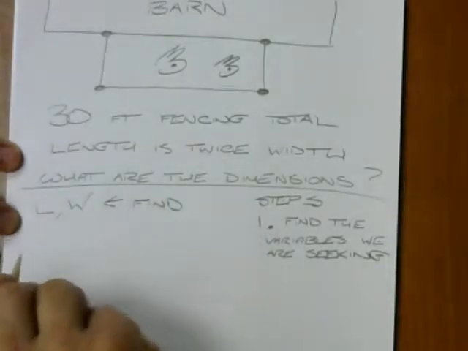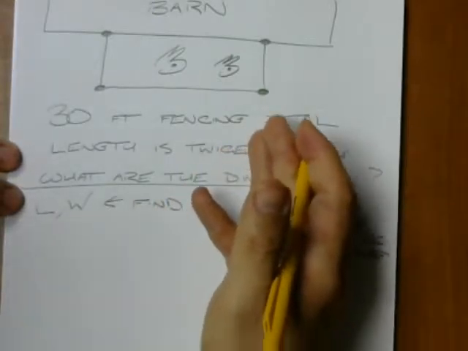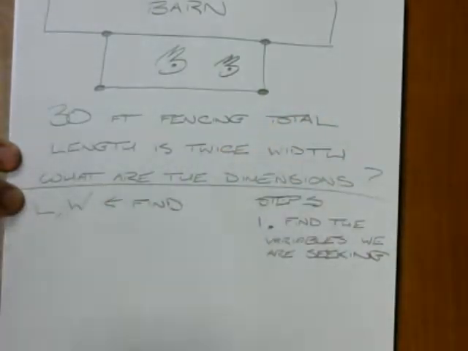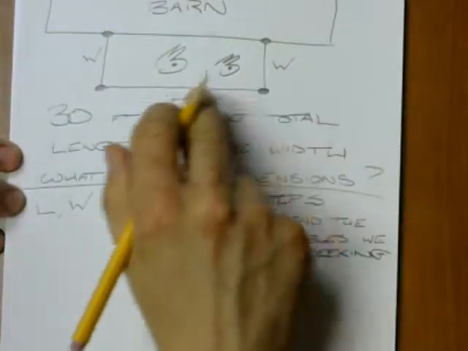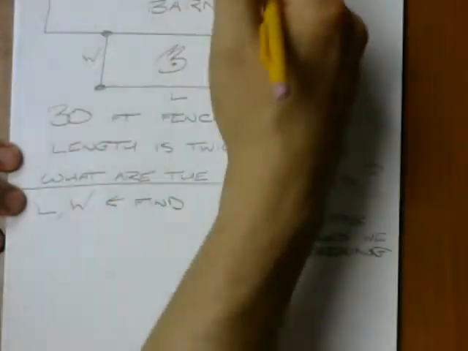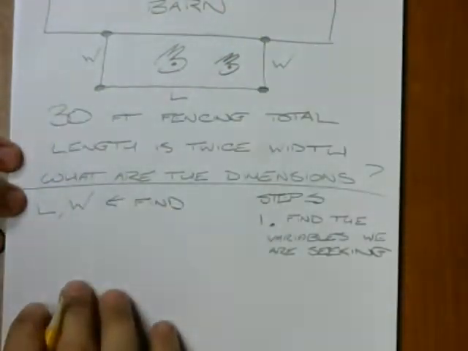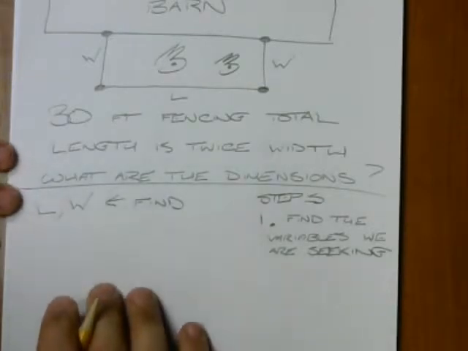Okay, now we need some equations here. Let's try to use what we've been told in order to see what sort of equations. Let's say we have our width, our length. You can also draw a picture like I did, because I didn't want to write this all out in a paragraph. But if you're not given a picture, you can draw it. Some word problems have pictures attached to them.